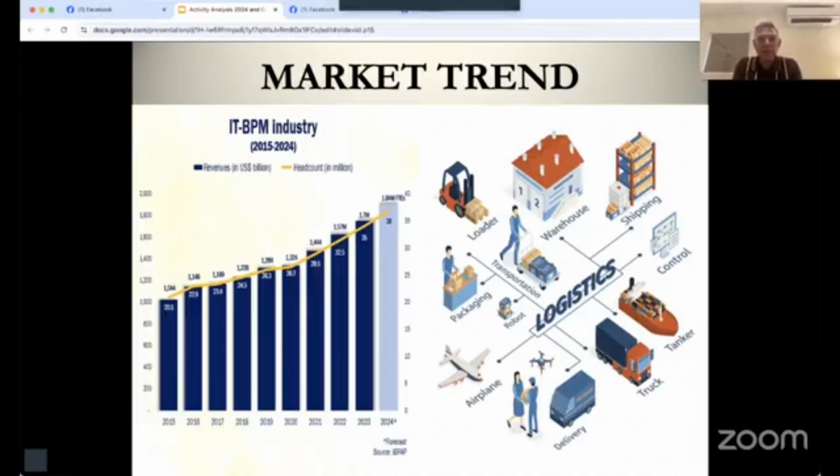Greenbelt 1 is done, already demolished. So you've got Makati, BGC, the MOA area, and Alabang. Those are the four that would remain strong as far as the office sector and IT-BPM. That's where the people are looking.